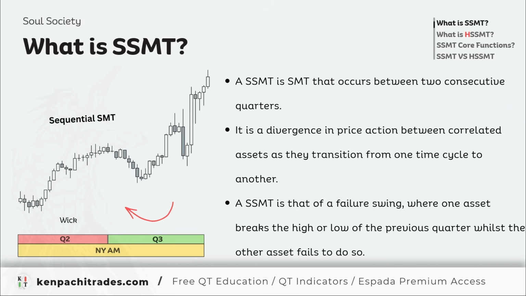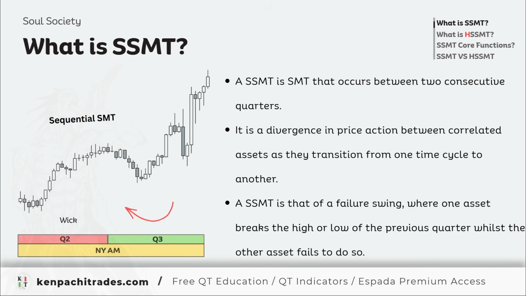And here is a key rule for SSMT. You mark the extreme high and extreme low of the previous quarter, not a random level, not something in the middle, only the absolute high or the absolute low. Then, when the new quarter opens, ask yourself these two questions. Does one asset break that level? Does the other one fail to reach it?